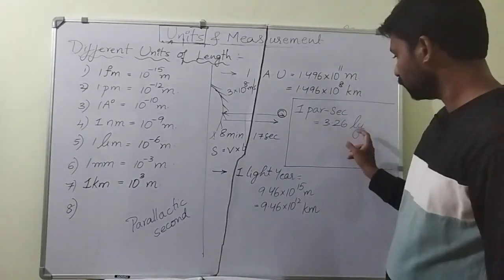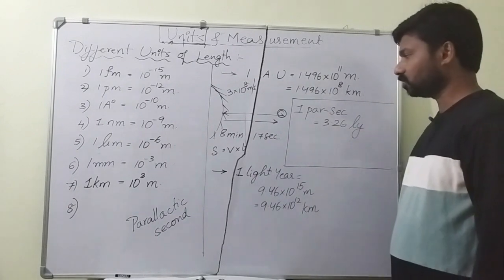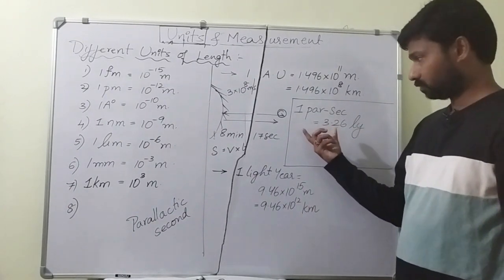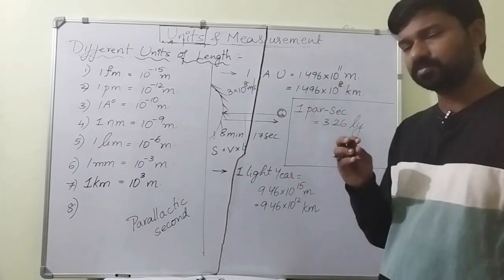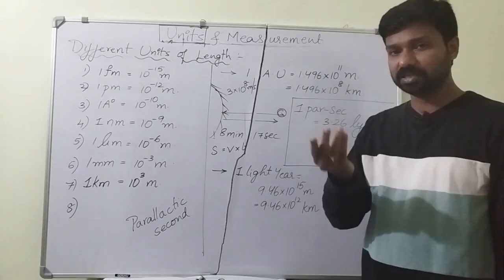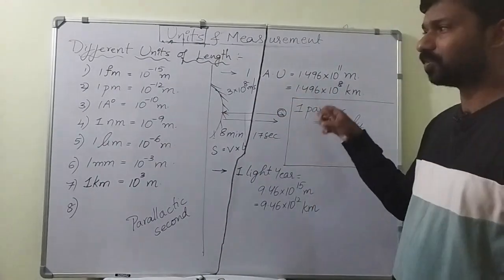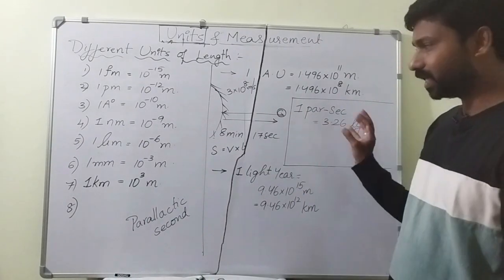So this is the largest known unit which is used to find the distances between few galaxies and stars and all. These are different units of length which will be useful for you. So take it down.